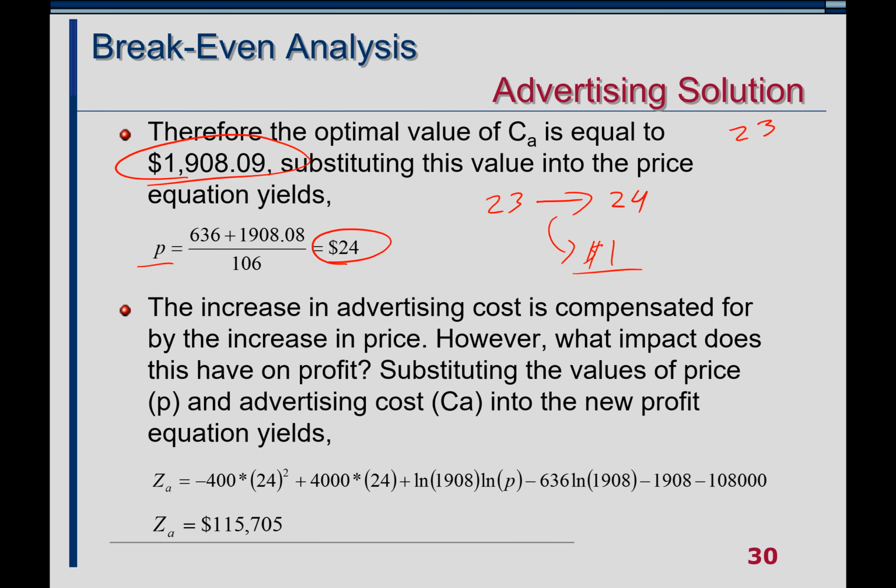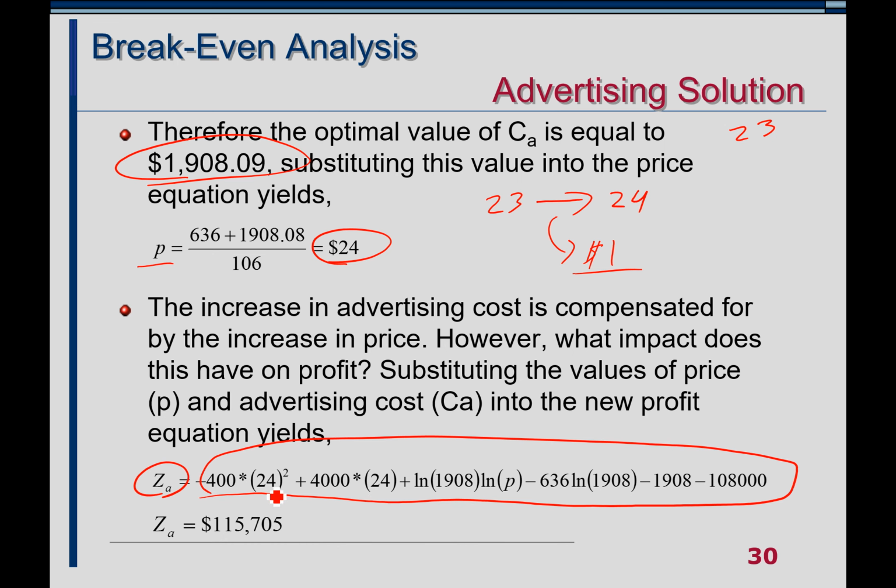Alright? So what did this do for us? Well, if we plug in now what our profit is into this big equation that we created and plug in our new price and our new advertising cost, we find that our new profit is almost equal to 116,000.